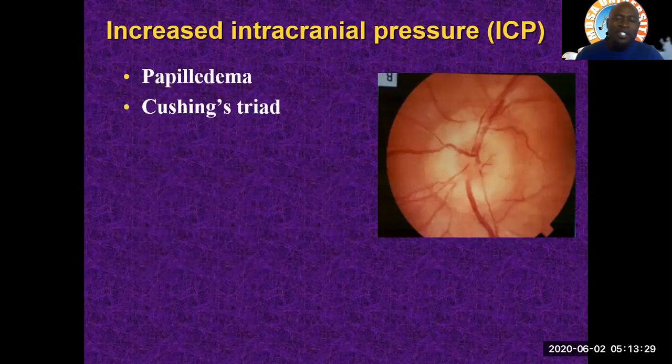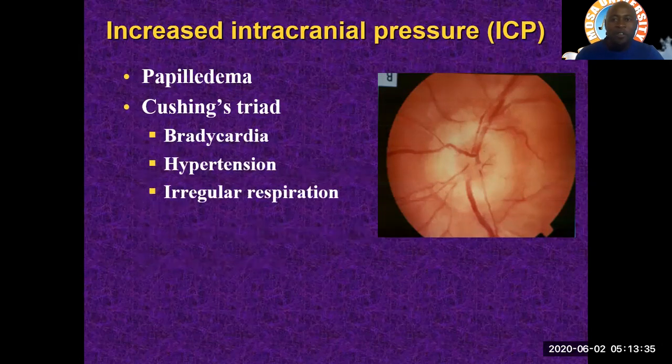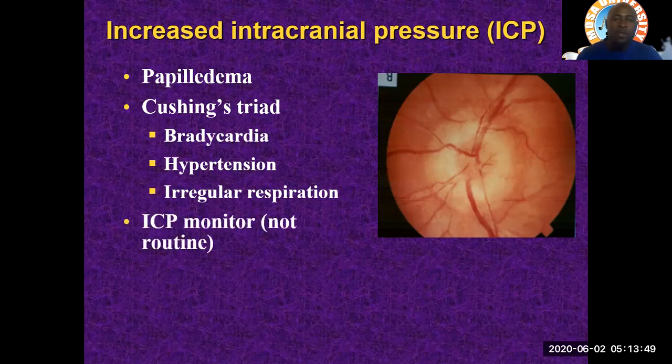So, when there is increased intracranial pressure in these patients with meningitis, for you to really know that there's increased intracranial pressure, there is a triad that we follow, and this is what is called the Cushing's triad. This is very important and something that you have to know at your fingertips.